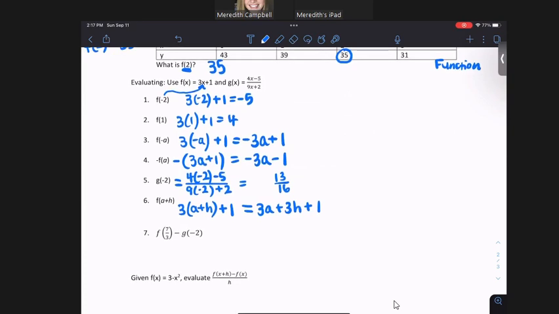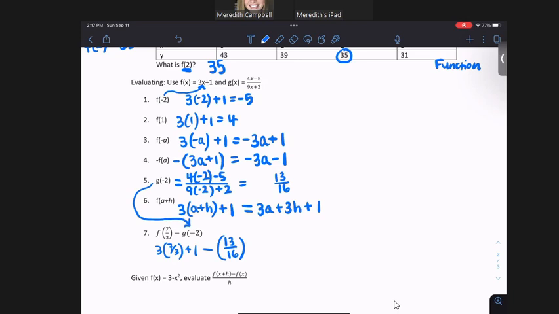For this one, you can evaluate in Desmos if you'd like to. You can put in both f of x and g of x and then evaluate, or you can do it by hand. Really, either way is fine. So I'm going to plug in 7/3 into f of x, and then I'm going to plug in -2, which I've already done up there, so I'm just going to go ahead and say that this is 13 over 16, because that's what I evaluated right there.